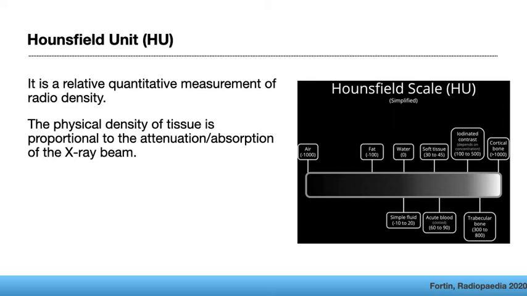In contrast to air, which absorbs almost nothing of the X-ray beam and shows the lowest attenuation value of less than negative 1000 Hounsfield units. Water was arbitrarily given the value of 0, with fat density being less than water and soft tissue being more than water.